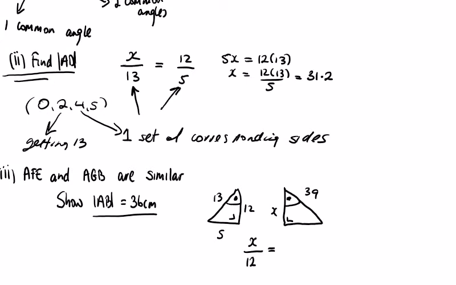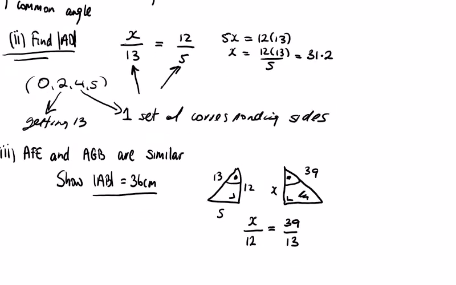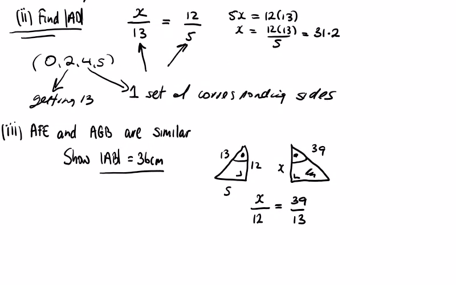So that's equal to the only other side we have in this triangle, the 39. And from the dot to the blank, or the side opposite the right angle, is 13. So you can see there 39 divided by 13 is 3. So x would have to be 36. You could cross multiply and divide if you wanted, but at this point, x is 36. The marking scheme here is particularly generous, 0, 2, 4, 5.